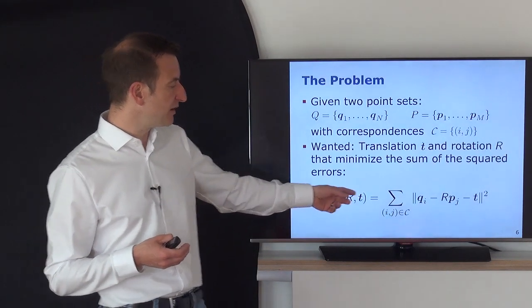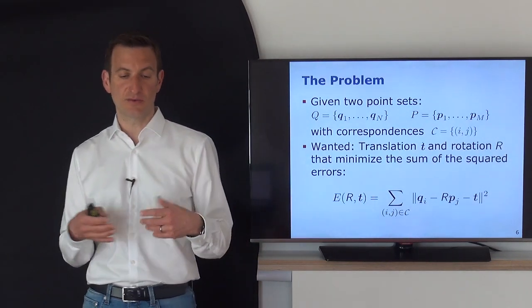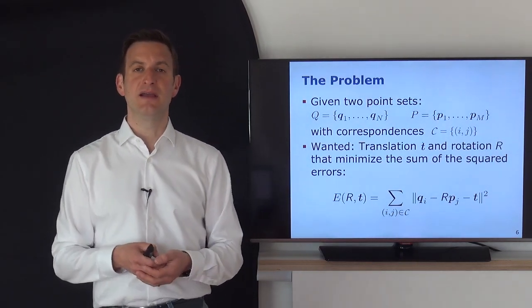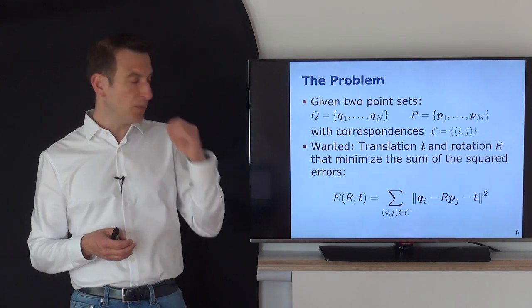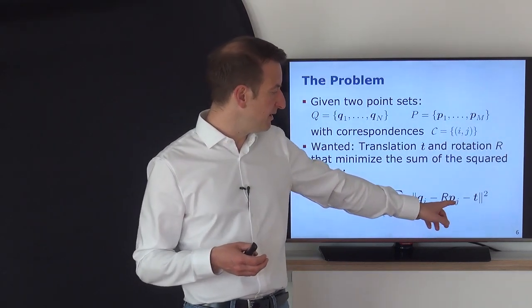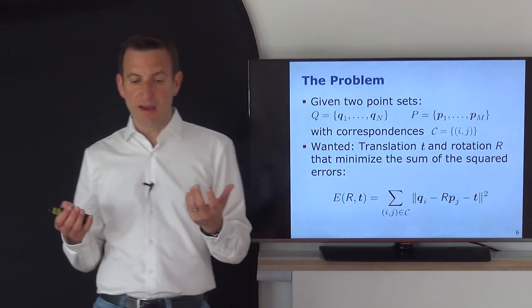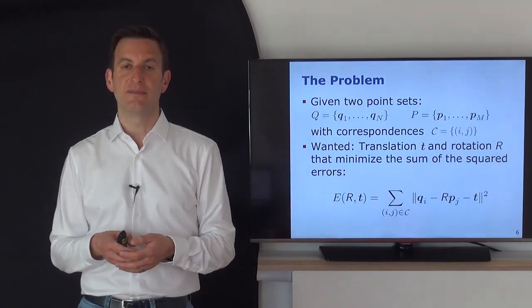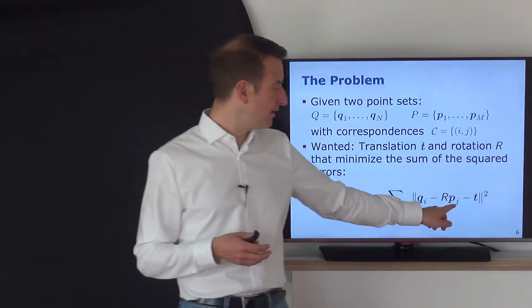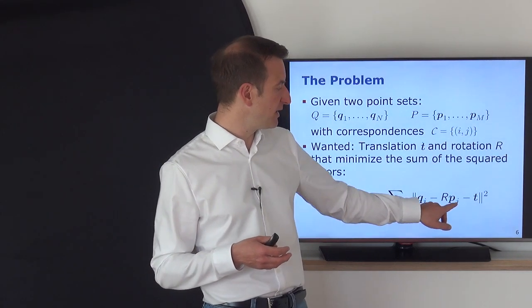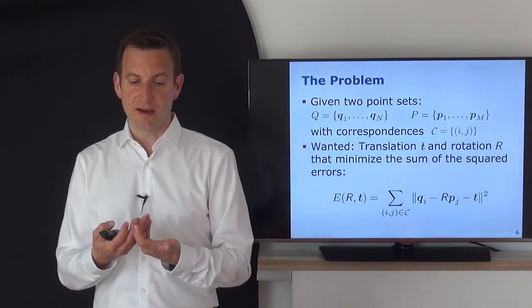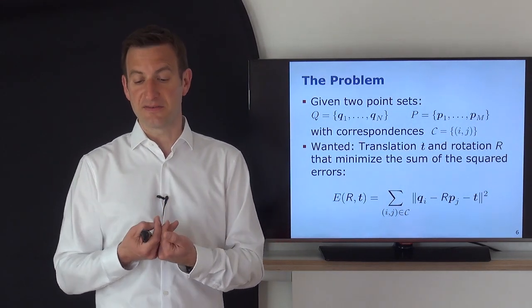So the error is given by the sum over all corresponding points, because we're only considering points which have a corresponding partner in the other scan. Then we take the points P and Q and find a transformation that rotates and shifts the individual scan. We use the rotation matrix to rotate the point P and shift it by t, so that they are aligned in the same coordinate frame.